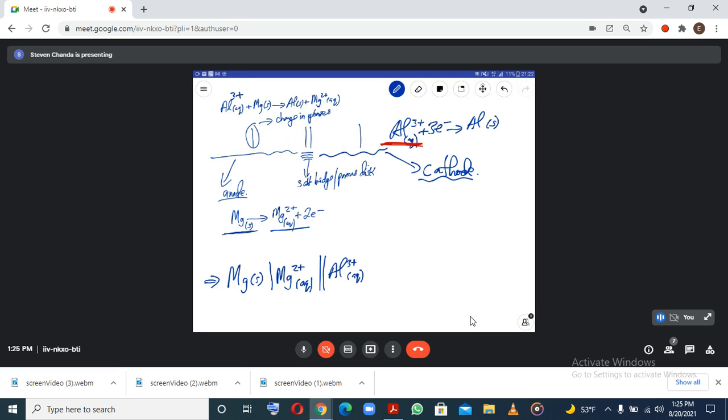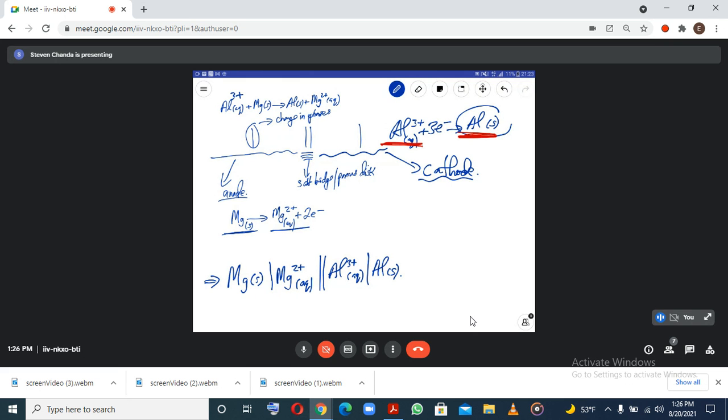Then this line represents that it has now changed phase. It's now from aqueous to solid. So what comes later on is this solid, right? Okay, so you have that. Then you are done. That's your line notation. Okay, so that's how you write a line notation.